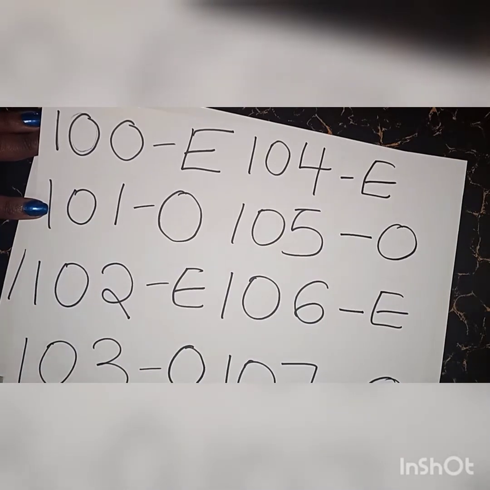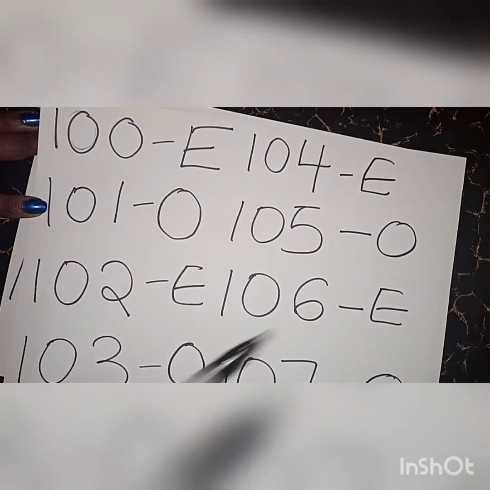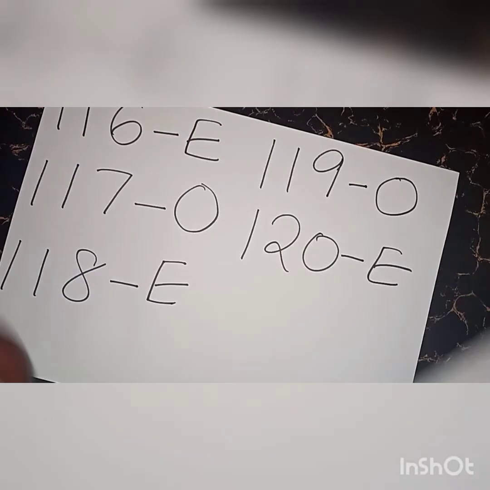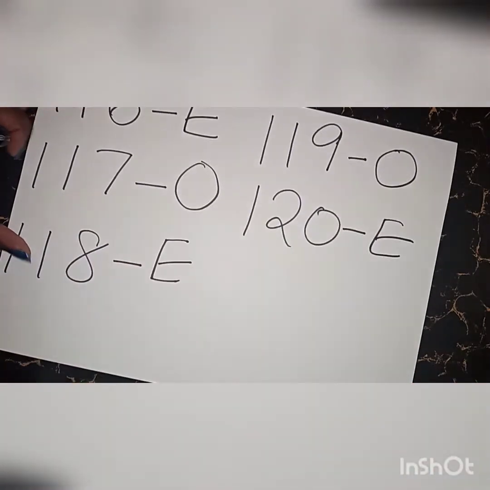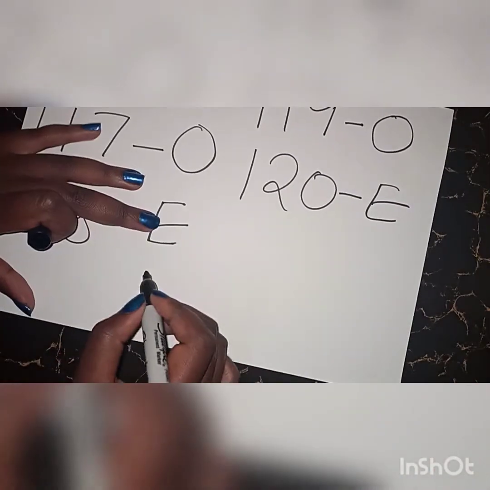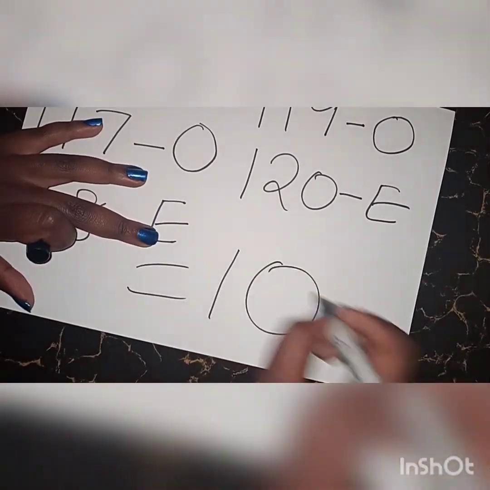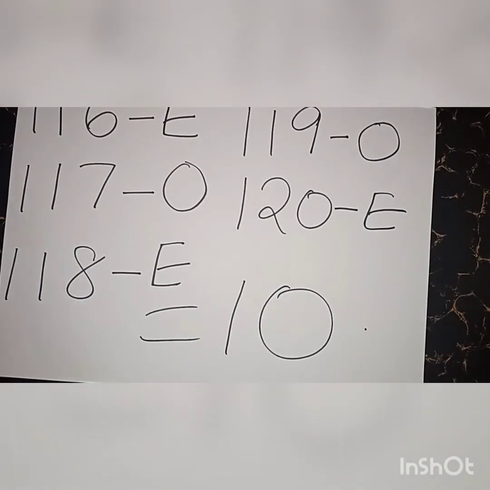So how many odd numbers do we have here? 1, 2, 3, 4, 5, 6, 7, 8, 9, and 10. So we can conclude that we have 10 odd numbers. Okay? And that's the answer to that question, right?